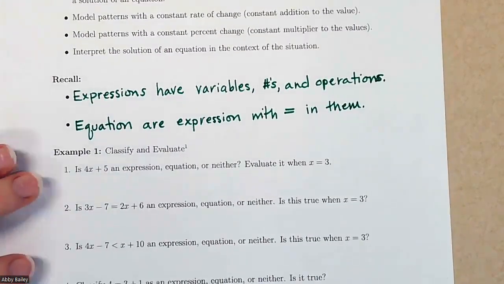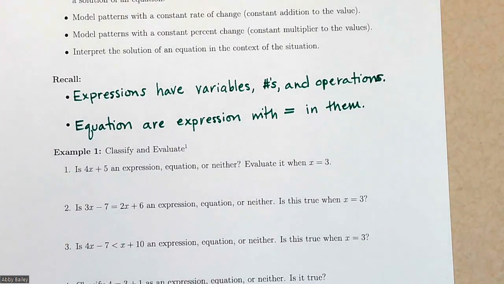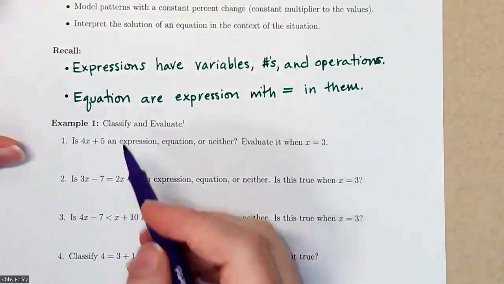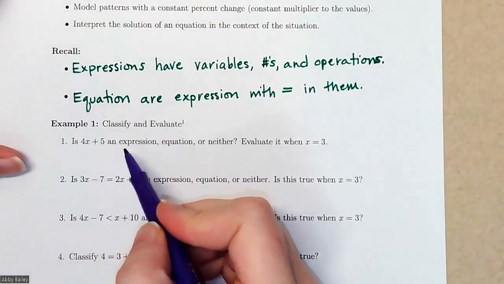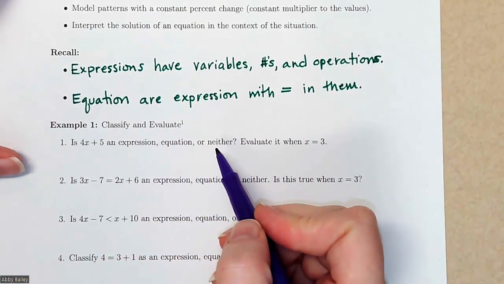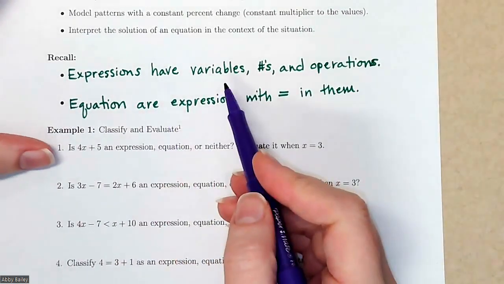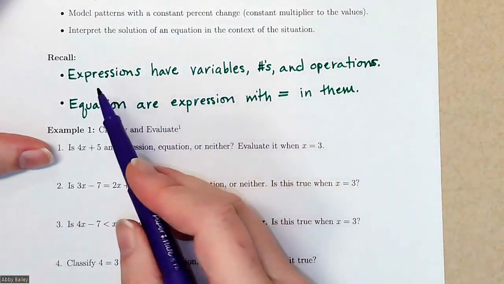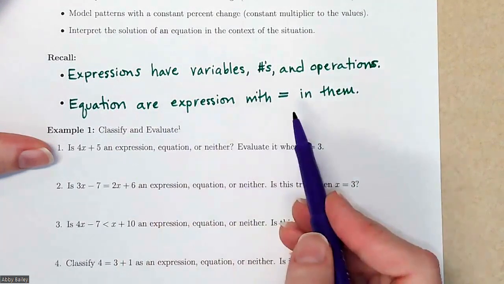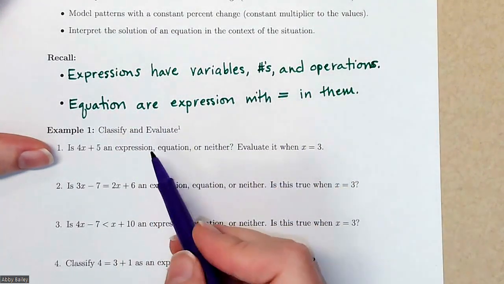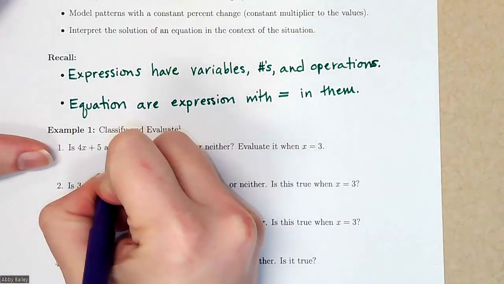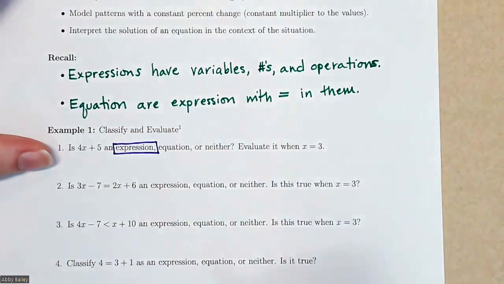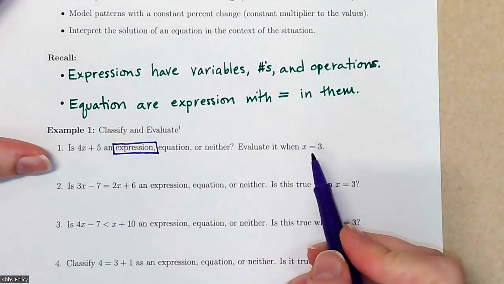So let's look at example 1. Classify and evaluate. Is 4x plus 5 an expression, equation, or neither? Well, it has a variable, it has some numbers, and it has an operation, so it definitely qualifies as an expression. It does not have an equals, so it is an expression. Evaluate it when x equals 3.